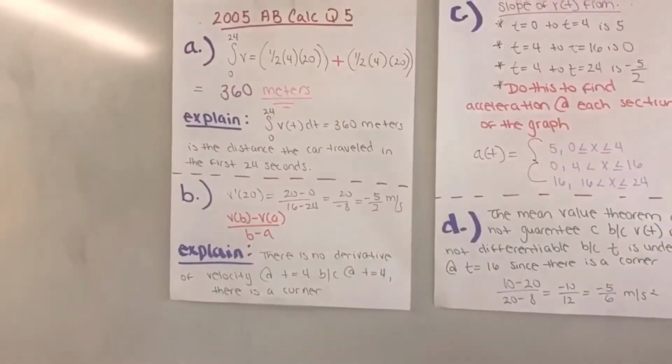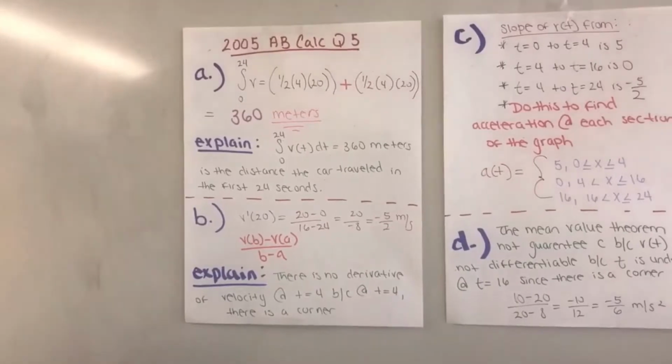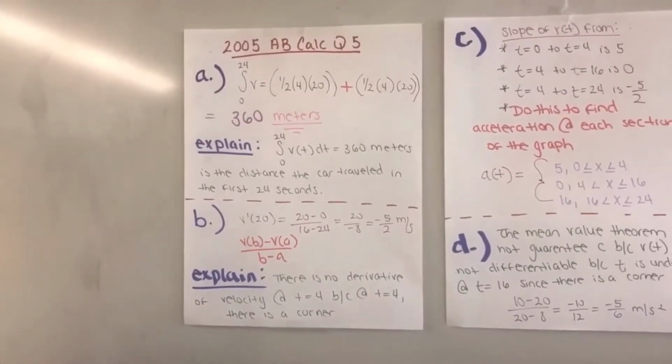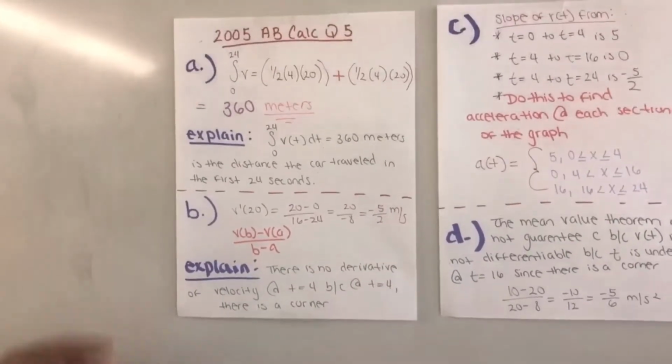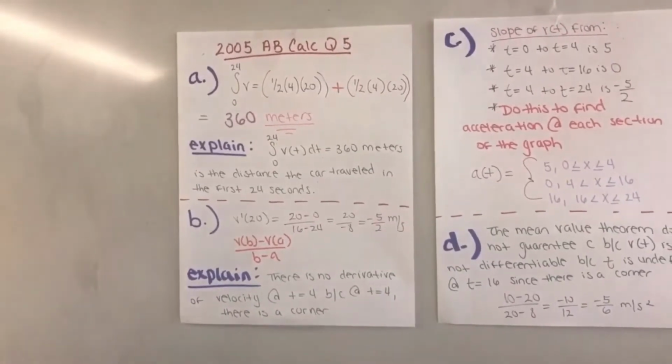Then you get 20 over negative 8. Simplify that, you get negative 5 over 2 meters per second squared. And we already explained why v prime of 20 exists and why v prime of 4 doesn't exist.